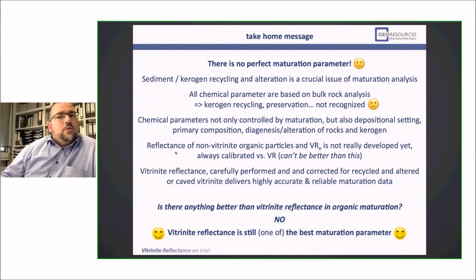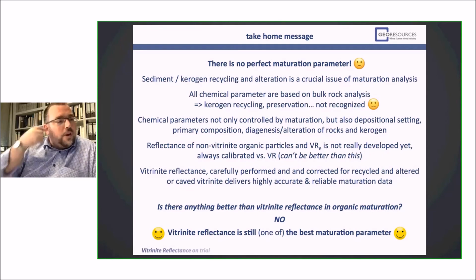The problem is, even if it's very similar, I don't like to use these terms if I just work on a statistical procedure as for the dispersed kerogen, because it indicates that we really have maximum or minimum data, which we don't have.